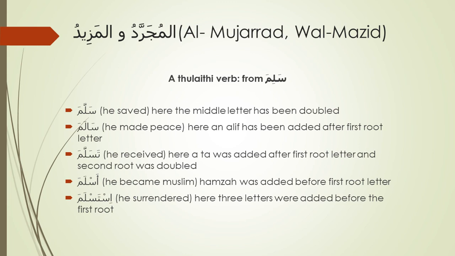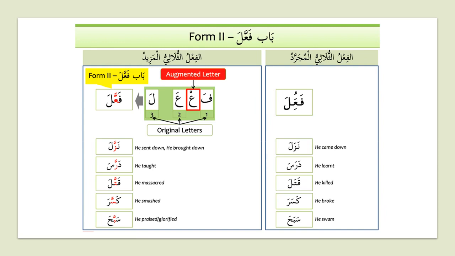Okay? So if you go to the next slide now, we have the mujarrad on the left. You have fa'ala, fa'ila, and fa'ula. So you have nazala, he came down. Darasa, he learned or studied. Qatala, he killed. Kasara, he broke. Sabaha, he swam.